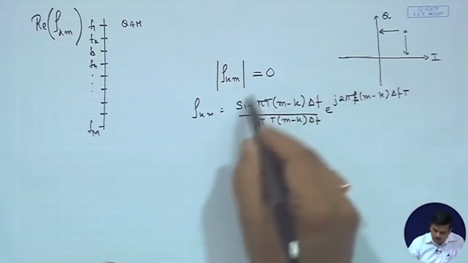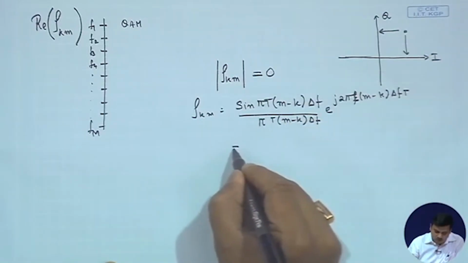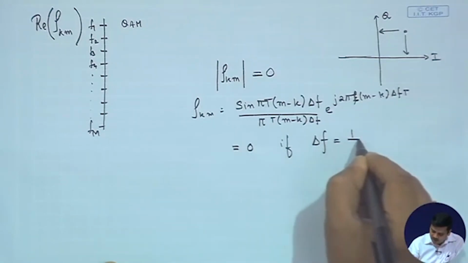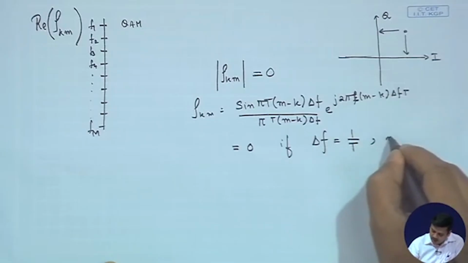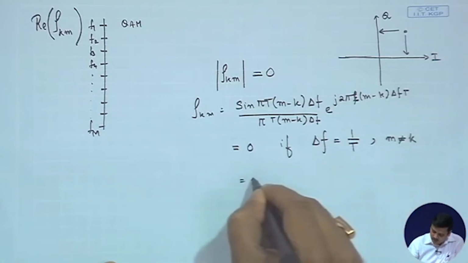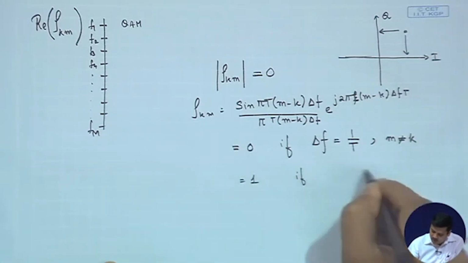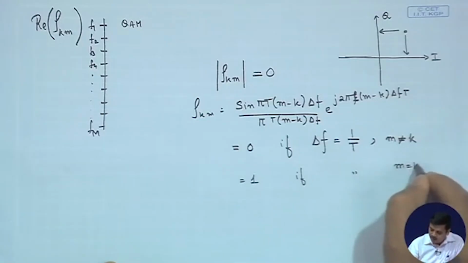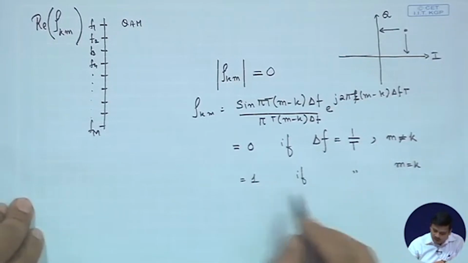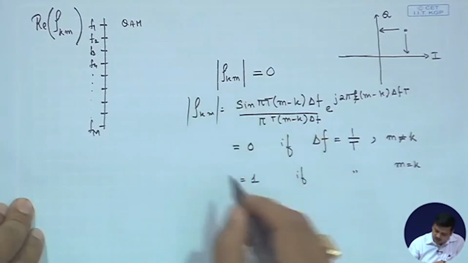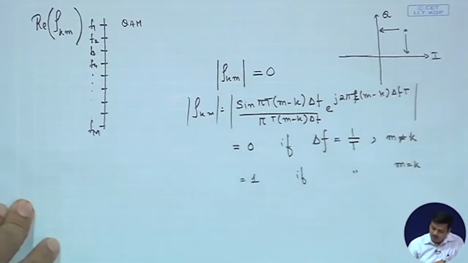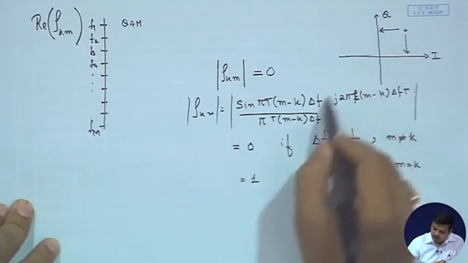Now, this particular signal would go to 0 if delta f is equal to 1 upon T and m not equal to k, and this would be equal to 1 if delta f is of course 1 by T and m is equal to k. So, our condition changes at this point, and the modulus of this goes to 0, since we are taking the absolute value, which here has absolute value of 1.